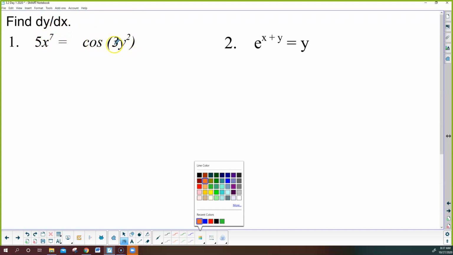There's a lot of stuff going on here. Now, we could solve this for y and try to take the derivative of that, but we run into a problem: when I move cosine over here, it becomes cosine inverse, and right now, we don't know how to find that. And then we've got the other problem that has x's and y's joined together. So when you see things that are complicated like this, we're going to do implicit differentiation.